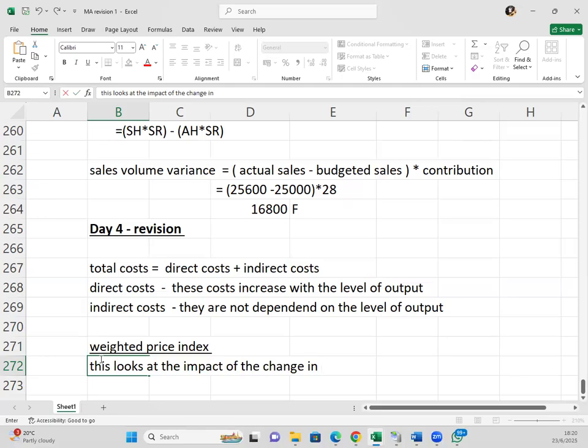This looks at the impact of the change in price for various items.